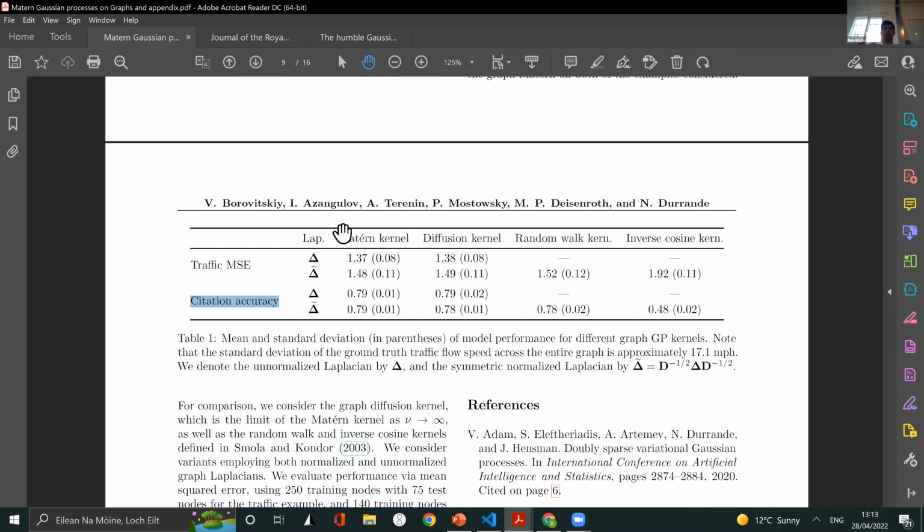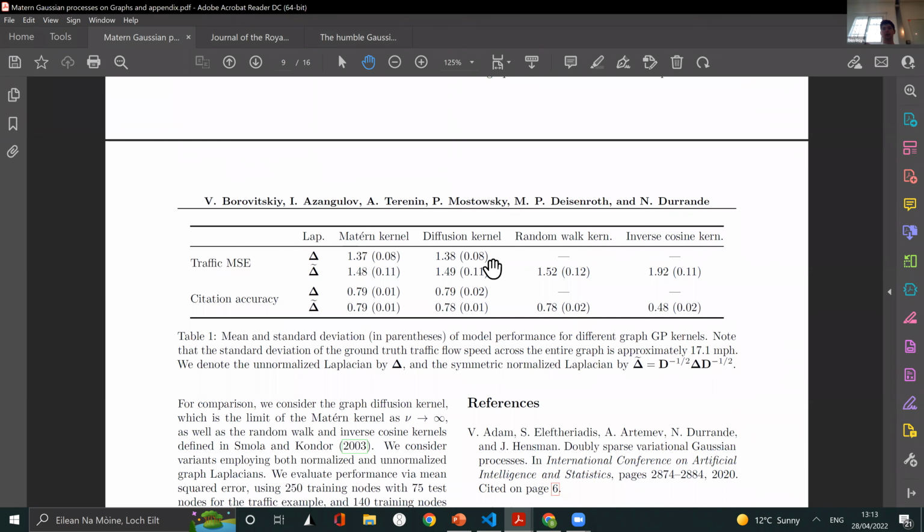I think it's to do with the sparsity of the matrix, but it's not to do with scaling of compute. It's to do with the fact that if you have a sparse matrix, then a Matern kernel performs well, because sparsity in the precision matrix implies not smooth. And if Matern is the non-smooth version of this really, really smooth diffusion kernel, then it's just saying that this interpolation is modeled by a non-smooth function equally as well as by a smooth function.